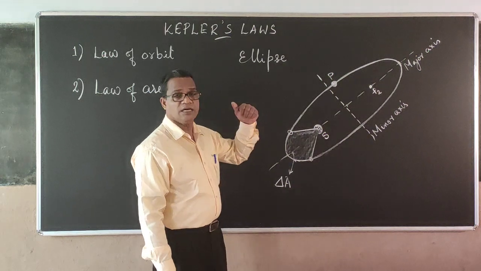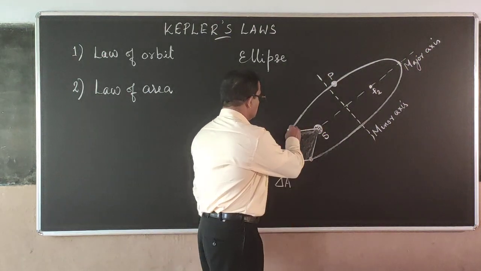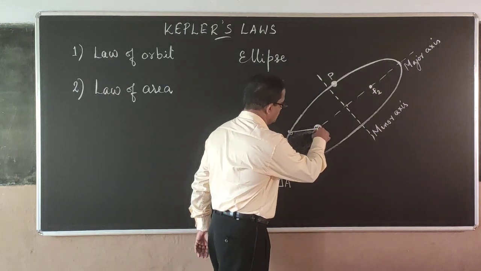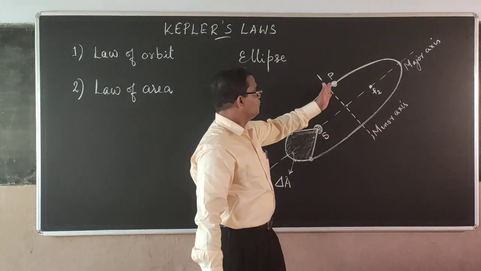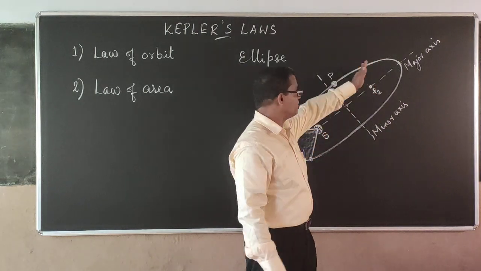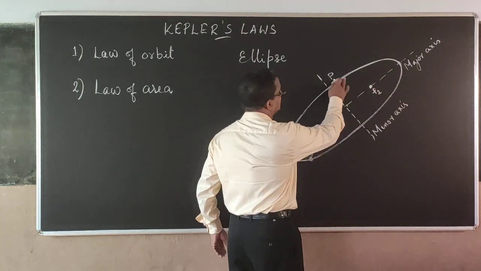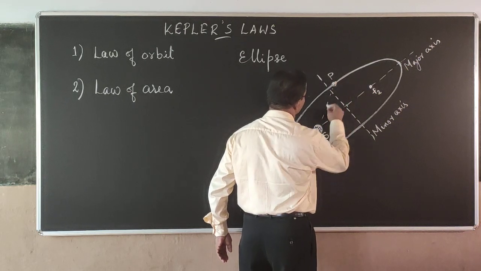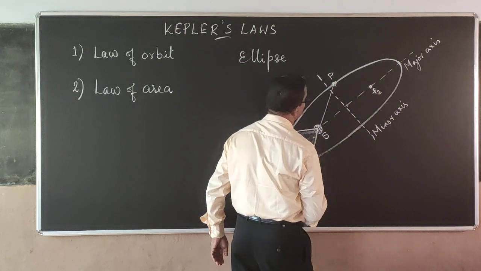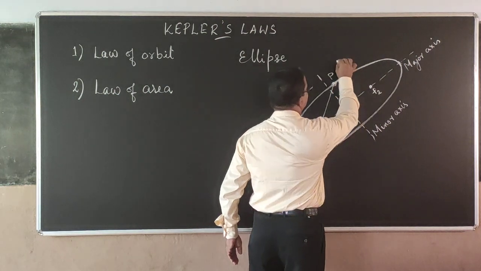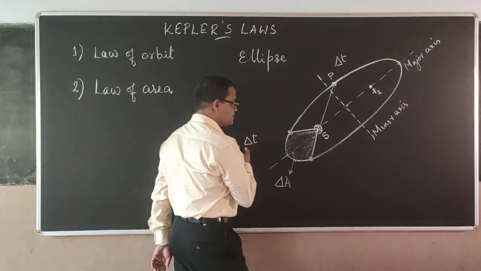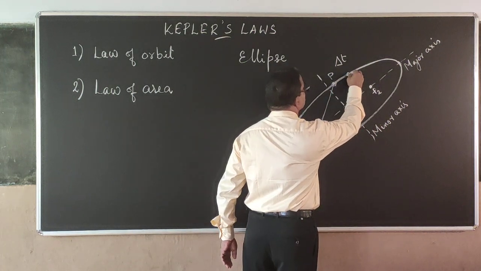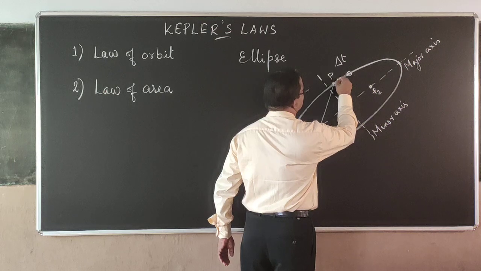Now, if I consider the planet moving around, and after some time the planet is reaching its farthest point or moving away from the sun, then let the position of the planet be here for the time being. And after a time delta t second, same as this, the planet should be reaching somewhere here.